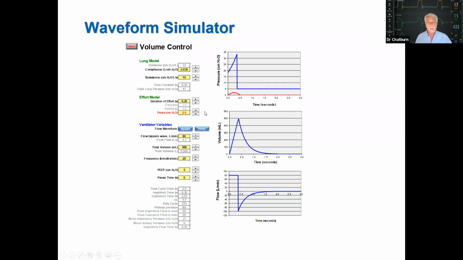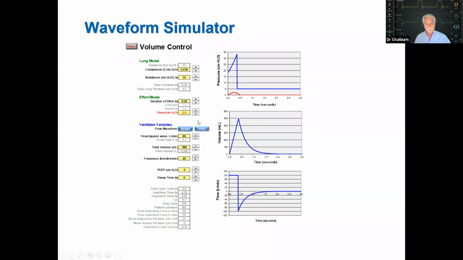And here the effort model is basically how you shape this little red curve. This is your muscle pressure waveform. It's simulated as a sinusoidal wave, but you can adjust how long it is, the duration of the effort, and the delay after the start of the ventilator effort. Or you can cause it to trigger the inspiration in the pressure support mode.